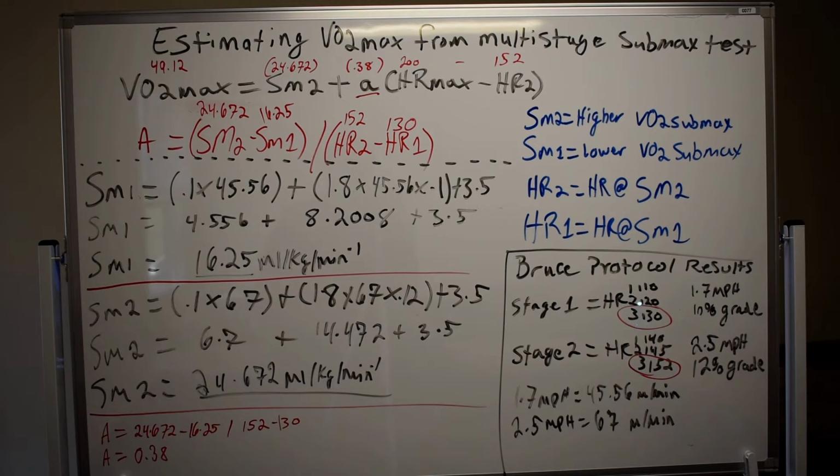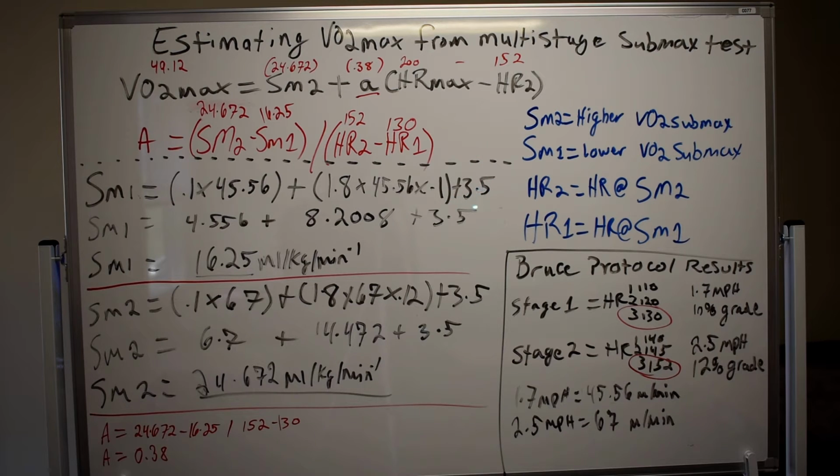Now that we have all that given information, we have to use ACSM metabolic equations to calculate the VO2 for stage 1 and the VO2 for stage 2. The equation is 0.1 times speed in meters per minute plus 1.8 times speed in meters per minute times the incline, which in stage 1 is 10%, so that goes in as 0.1.